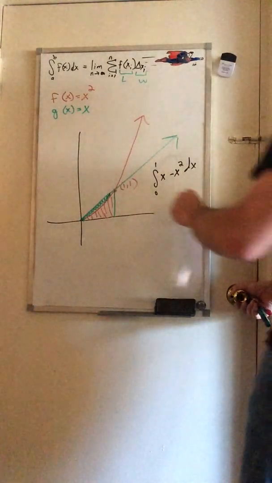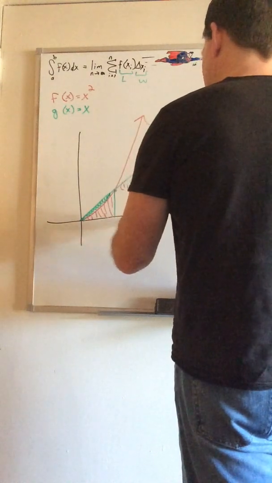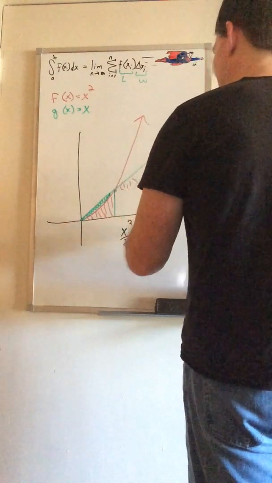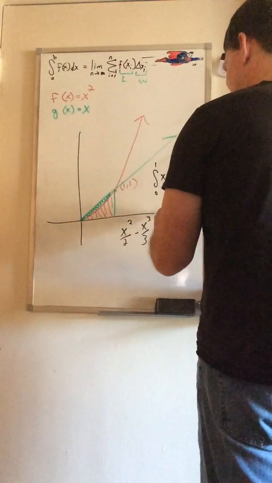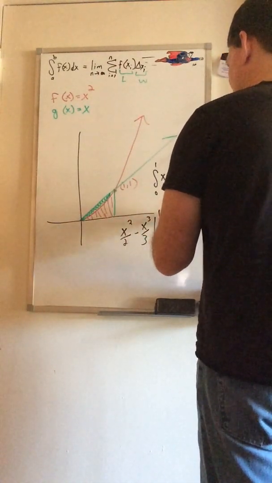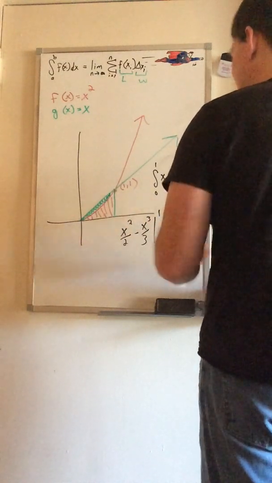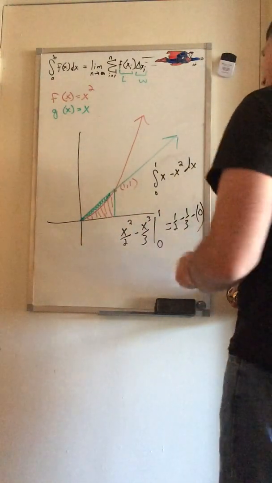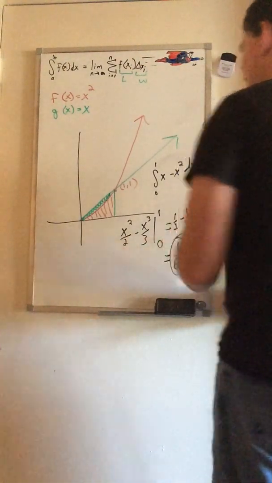And now that's an easy integral. The antiderivative of x is x squared over 2, minus x cubed over 3, evaluated from 0 to 1. If I plug in 1, I get a half minus a third, minus, if I plug in 0, both give 0. A half minus a third, that's 3/6 minus 2/6, and I get 1/6.